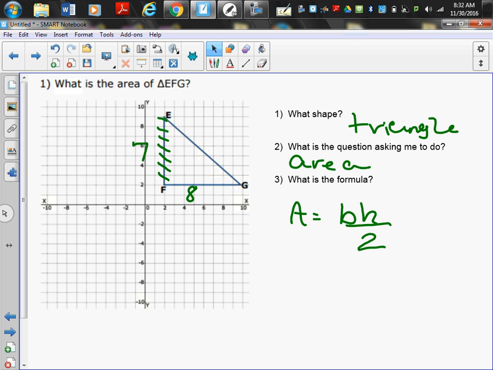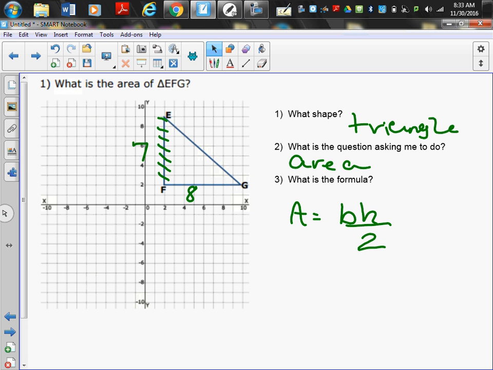Now, my formula says I need a B and I need a H. What do we know about B and H? Hold on. Jade. It must be a right angle because B times H is your height. Height has got to make a right. If we don't have a right angle, we can't use it.